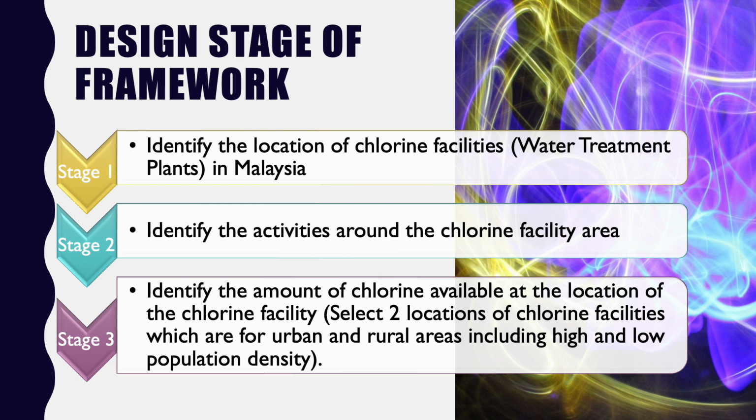Stage 3 is identify the amount of chlorine available at the location of the chlorine facility, which is the quantity of chlorine available at the chlorine facility. We select 2 locations of chlorine facility, which are urban and rural area, including high and low population density. Maybe we can select more than 2 for this research.